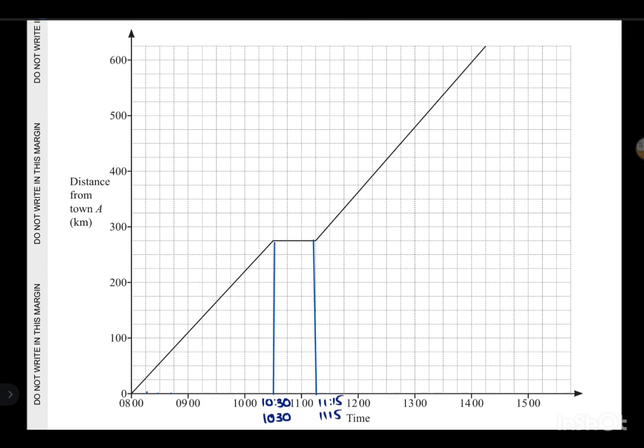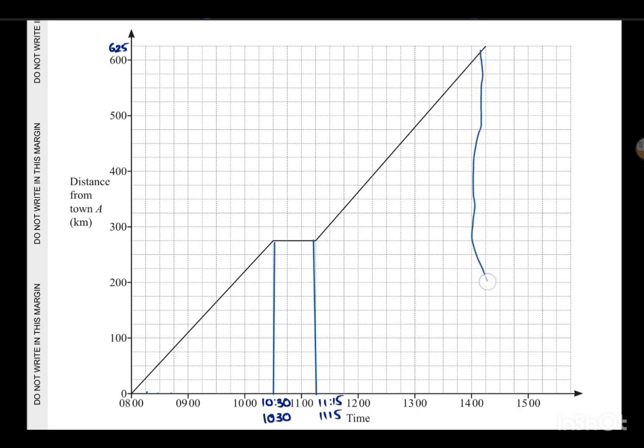See, total distance is at 600. This is 600. So that will be one box above. So now here also you have to check, there are 4 boxes for 100 kilometers. So each box will be 25. So this last line is 625. So total distance is 625, and total time taken, you have to also check that.